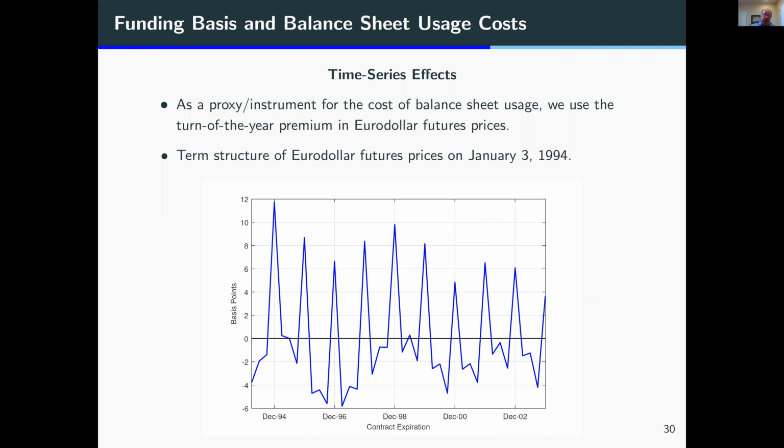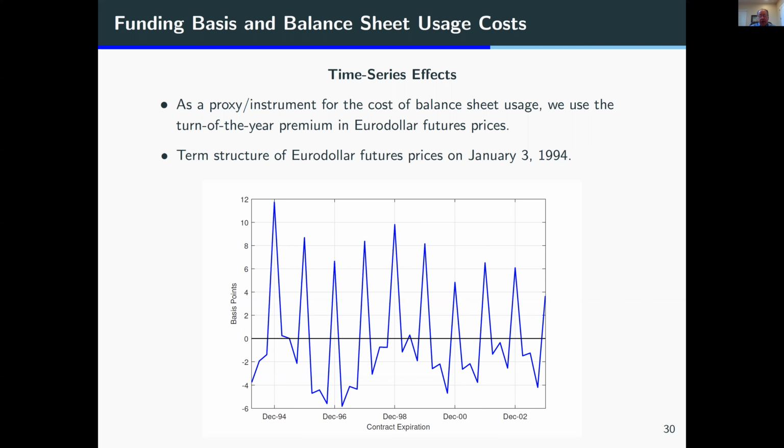And so we can take a look at the difference between the Eurodollar futures price for a December expiration relative, let's say, to September and March expiration. And that difference gives us a continuous market-determined measure of how concerned institutions are about having stuff on their balance sheet at year end.